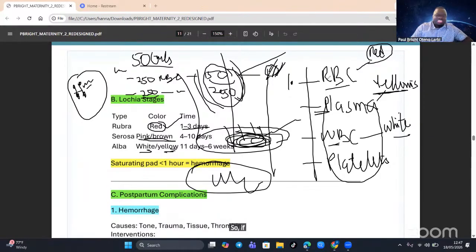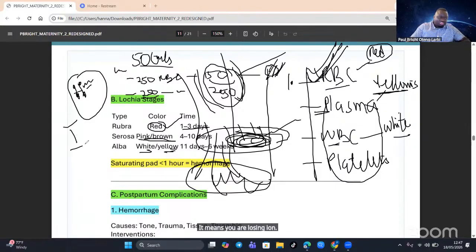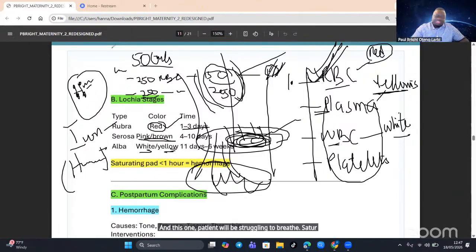So if these red blood cells get lost in the blood through delivery, it means you are losing iron, and at the same time you are losing hemoglobin. This will give you iron deficiency anemia, and the patient will be struggling to breathe, saturation will be dropping.